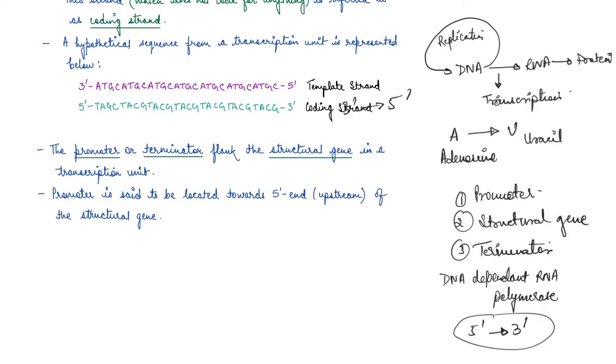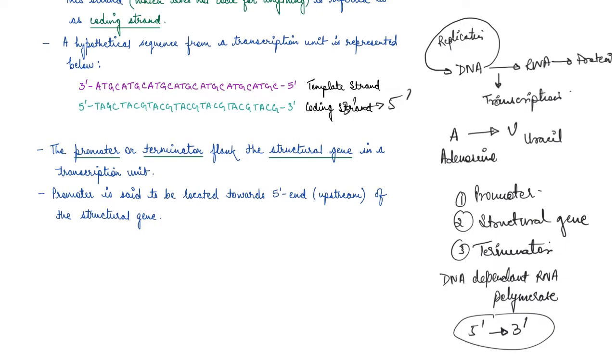Now the promoter and terminator. There is one structural gene, and apart from that, there is one promoter and one terminator, right? So the promoter and terminator basically flank the structural gene in a transcription unit.